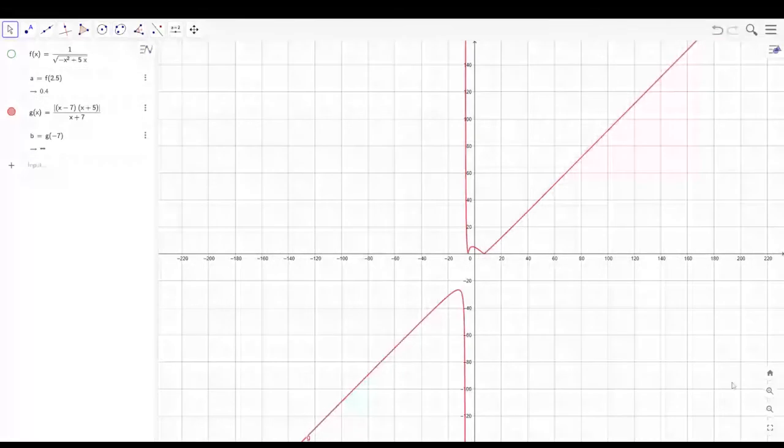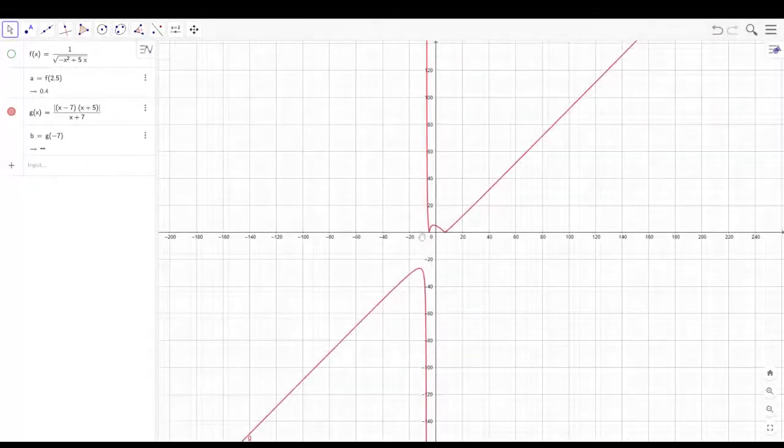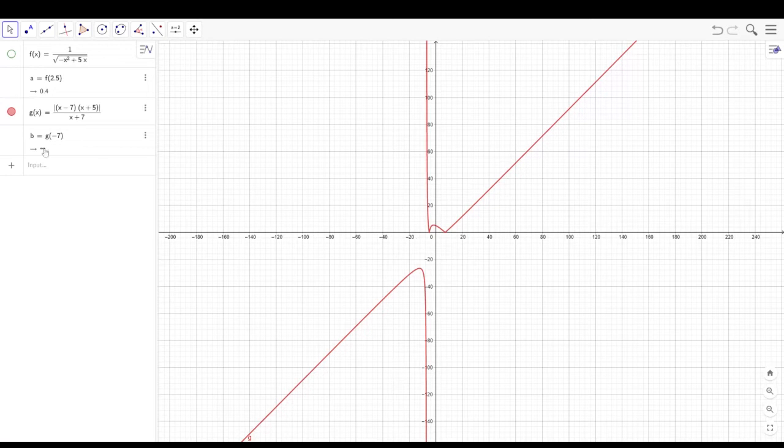Maybe I should zoom out a bit. So it's sort of 0 down here. What's the left-hand limit and the right-hand limit according to that picture? Who can tell me?